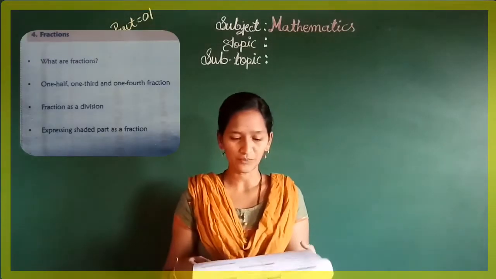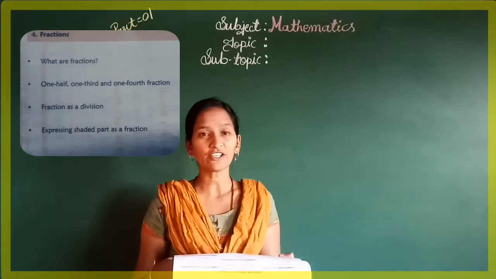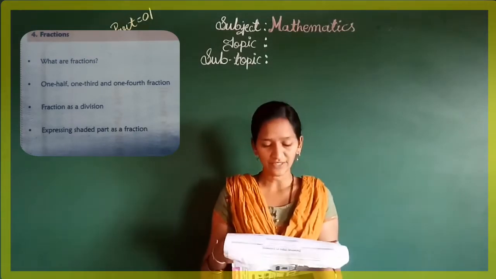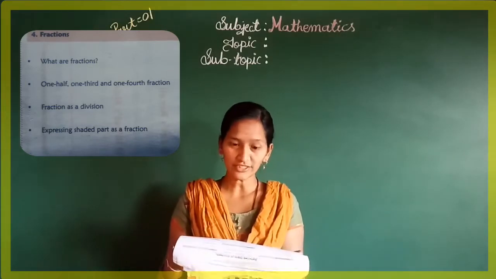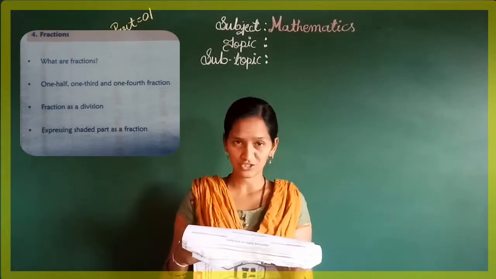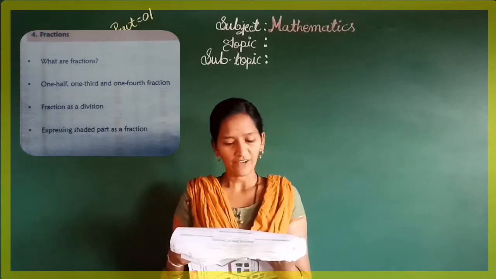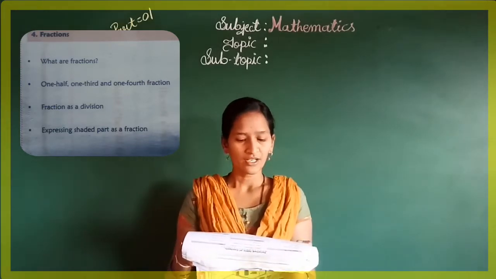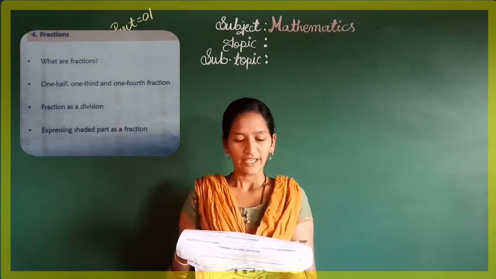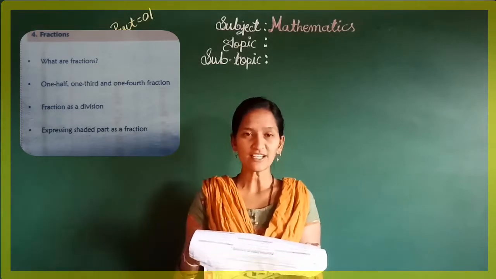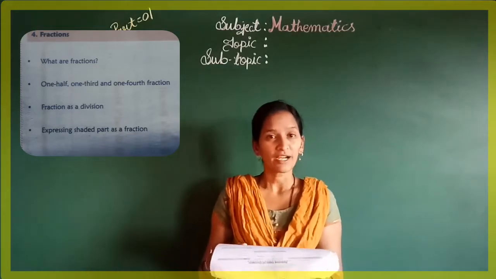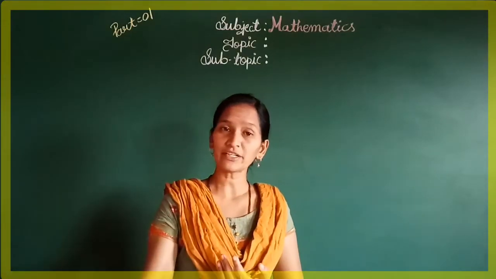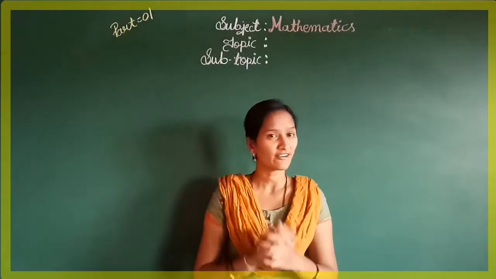All of you listen here. The first one, what are fractions? Second one, 1/2, 1/3 and 1/4 fractions. Third one, fraction as a division. Last one, expressing shaded part as a fraction. So my dear children, these are the subcontents of our new chapter, fractions.